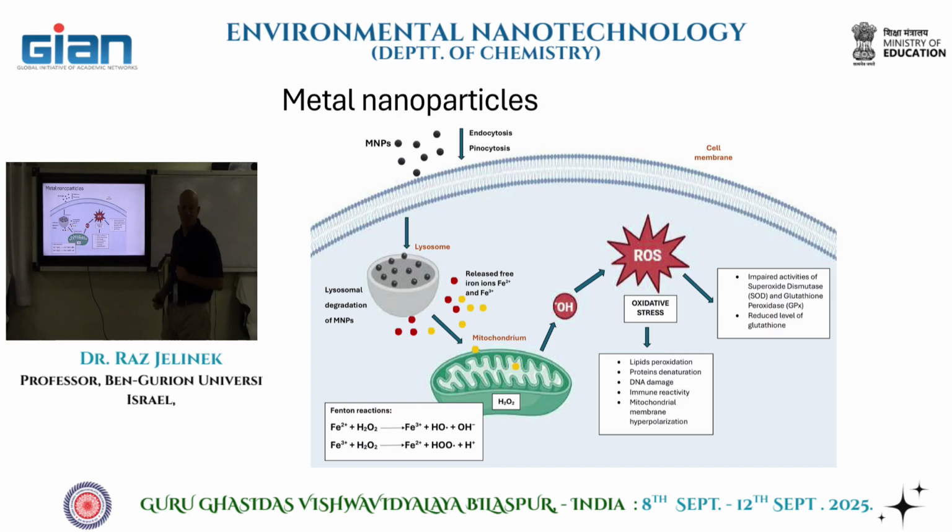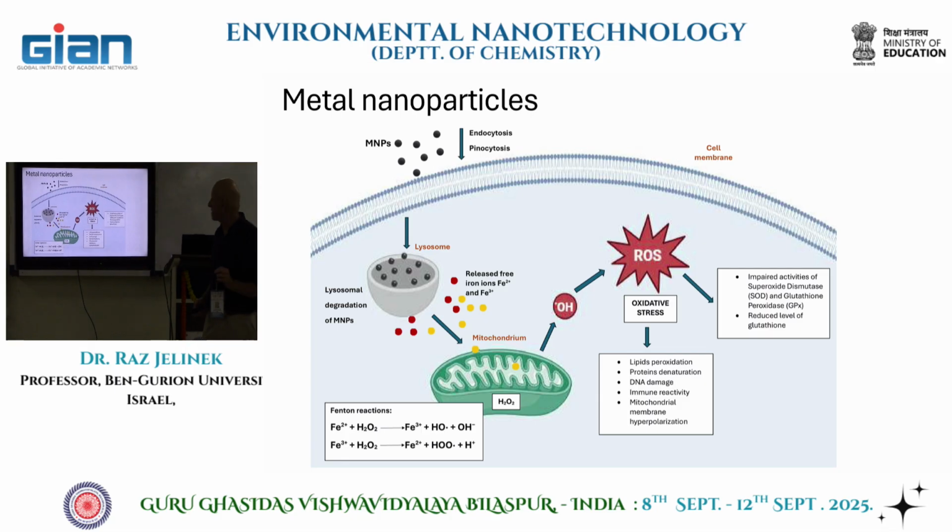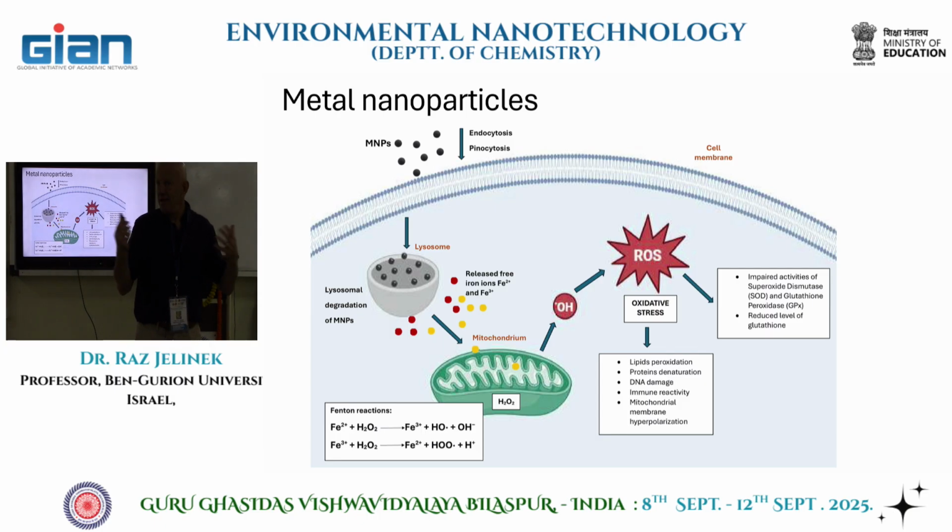So let's see the first reason. The first reason why metallic nanoparticles are bad for you is because they are so small. MNP stands for metallic nanoparticles. Because metallic nanoparticles are so small, they can penetrate very easily through the membrane of the cell. Now, when these metallic nanoparticles enter the cell, it's very bad. In our cells, we don't have metals.